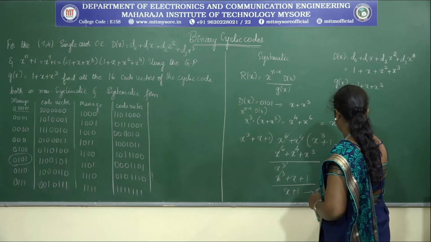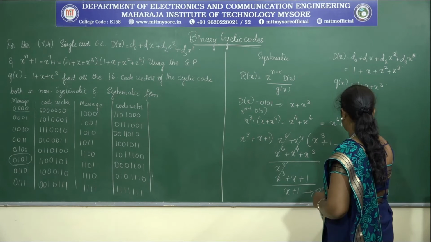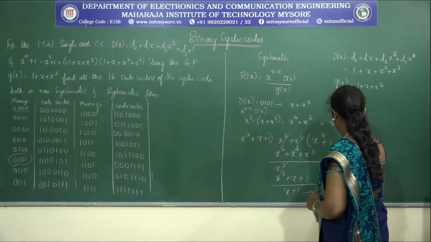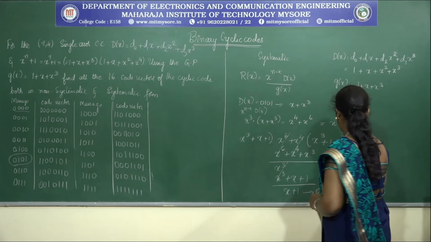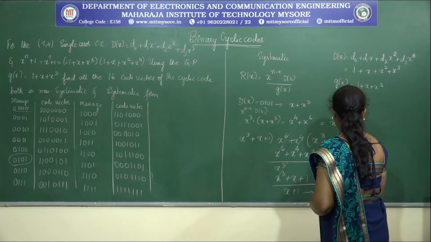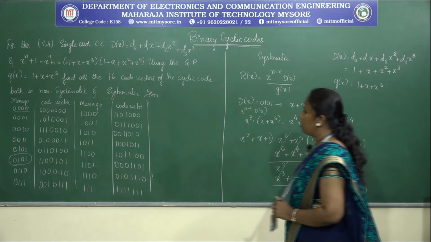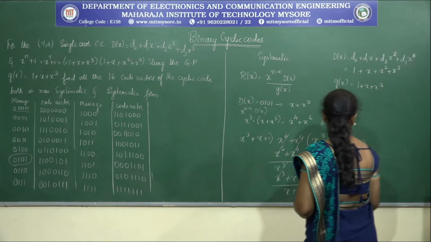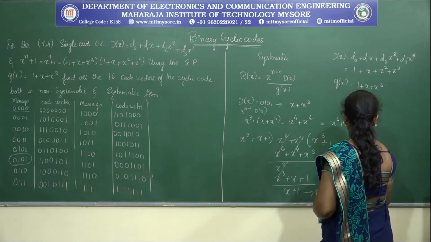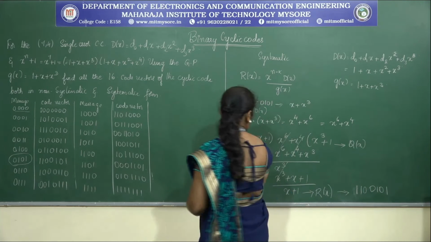So r of x is what? So x power 0 is present, so it is 1. X is there, so it is 1. So we have one more bit we should get, so it is 0. That means, so what is your message bit? So your message bit is 0101. Let us check whether we have got the answer for this.